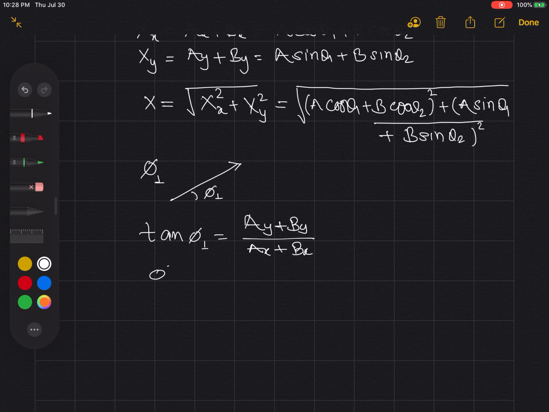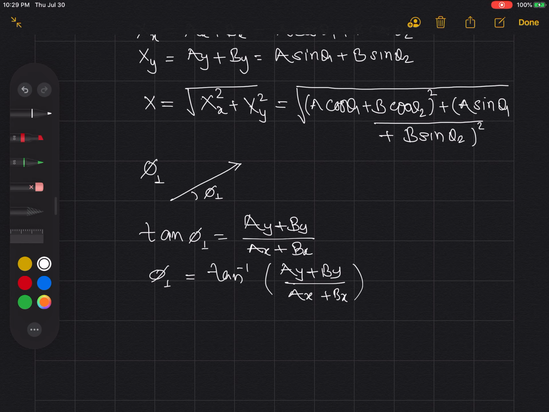So you can calculate this phi 1 simply from tan inverse of this equation. Once you have your phi 1, you can do the remaining calculation.